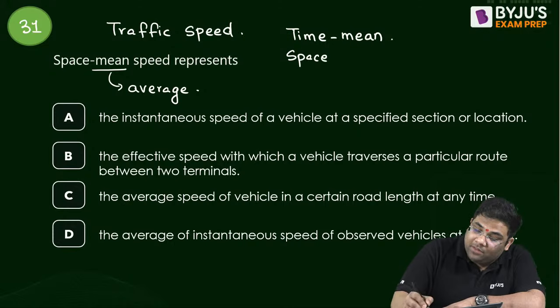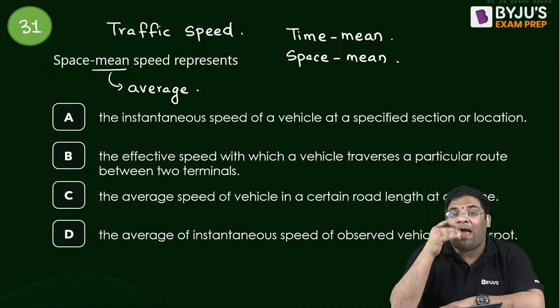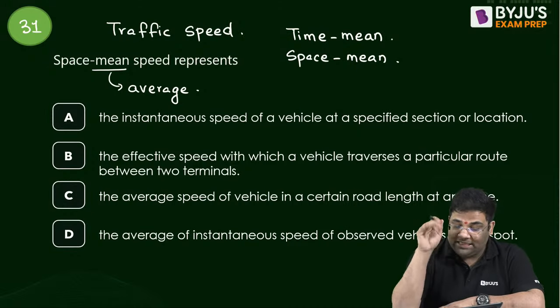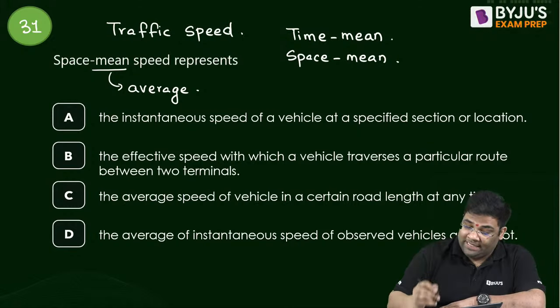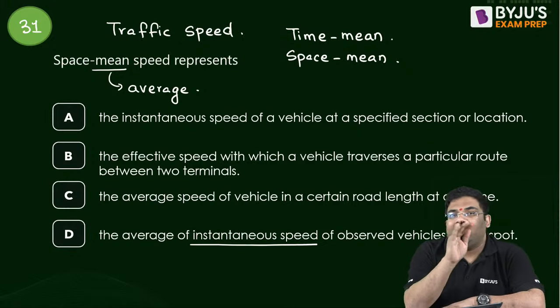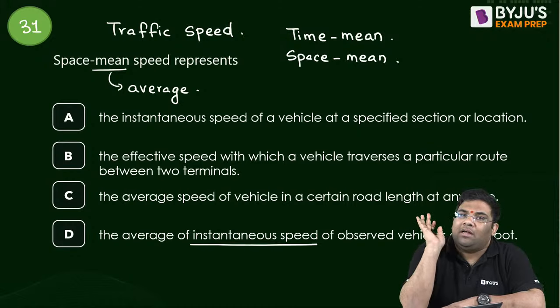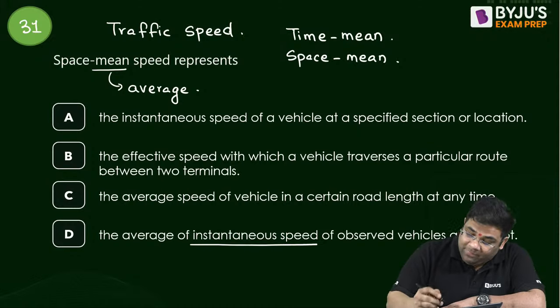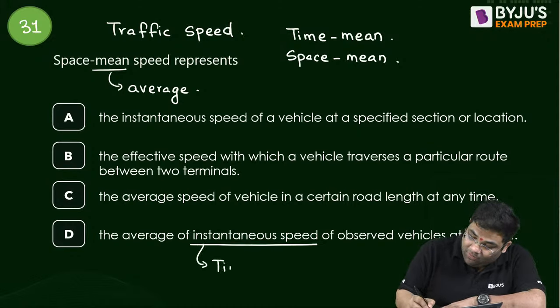Space mean. Two averages are there, so either it will be C or D. Now if you only take the average of instantaneous speeds, you take all the instantaneous speeds divided by the number of vehicles. That will be the time mean.